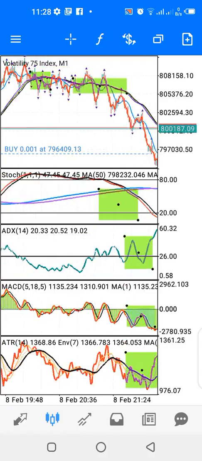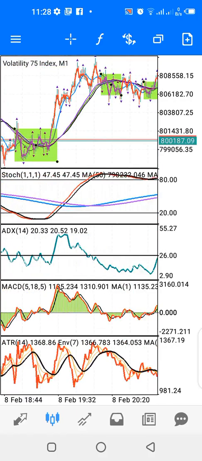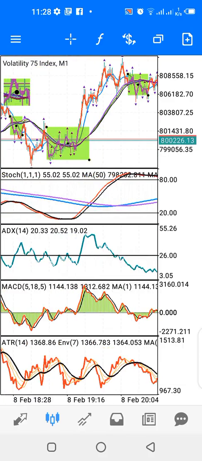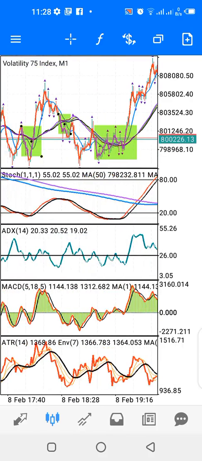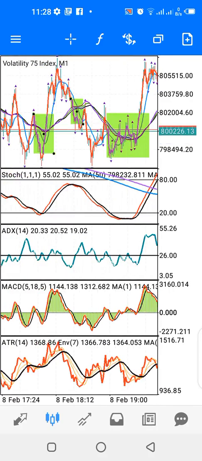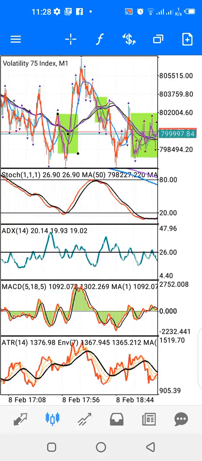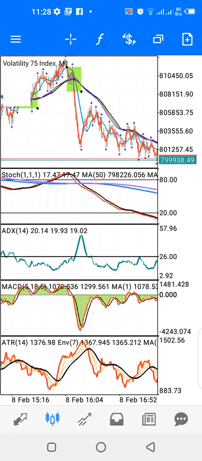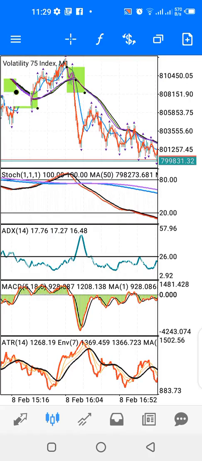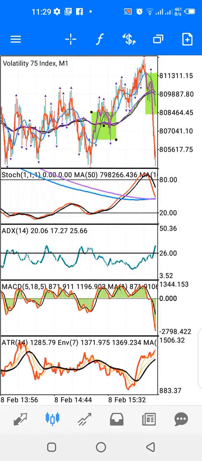So that's basically how it works. You have a buy here, you have a small sell around here. You have a buy here, you have a sell here, you have a buy here.